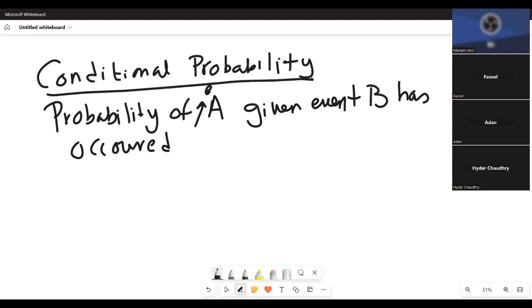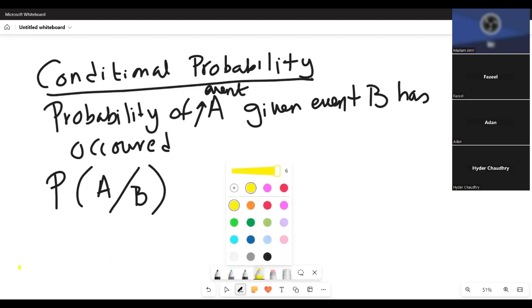It is the probability of event A given that B has already occurred, represented by probability A given B. The slash is read as given.